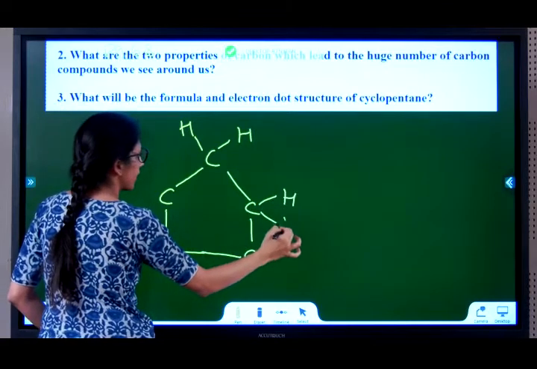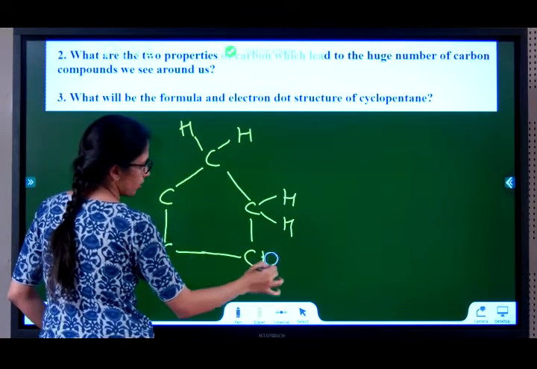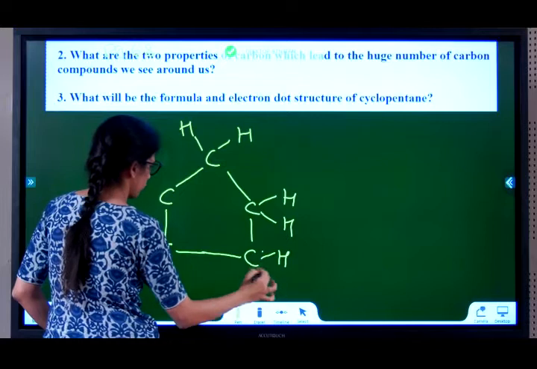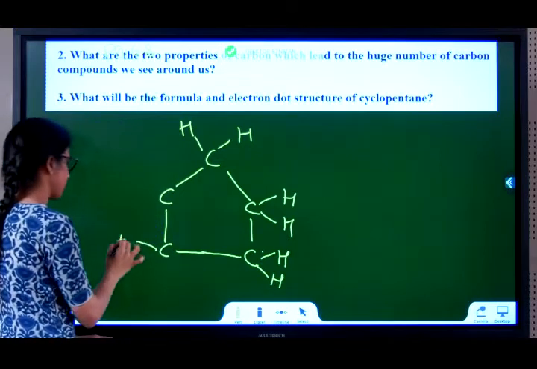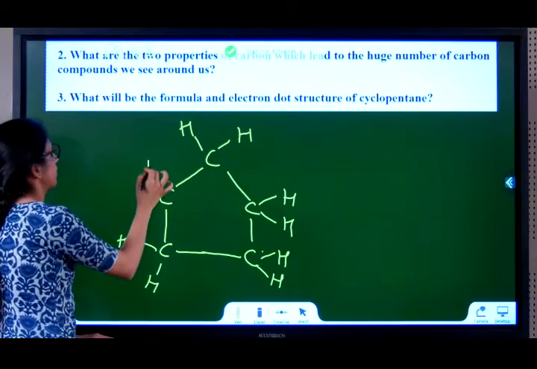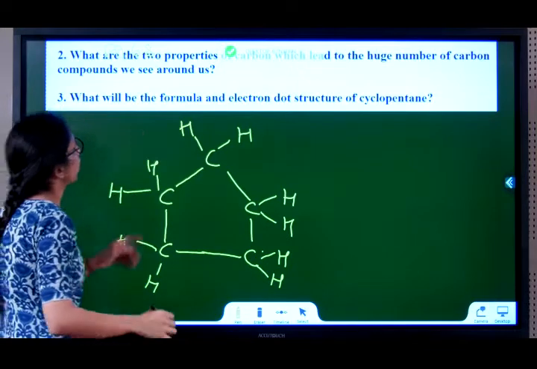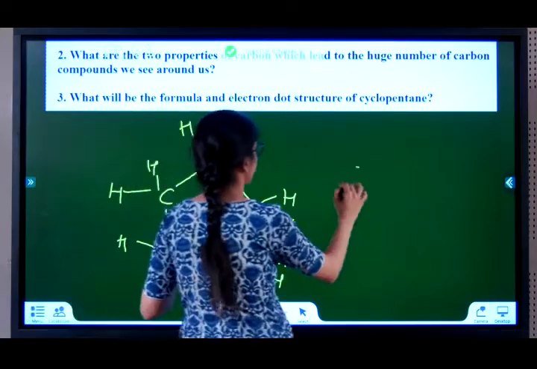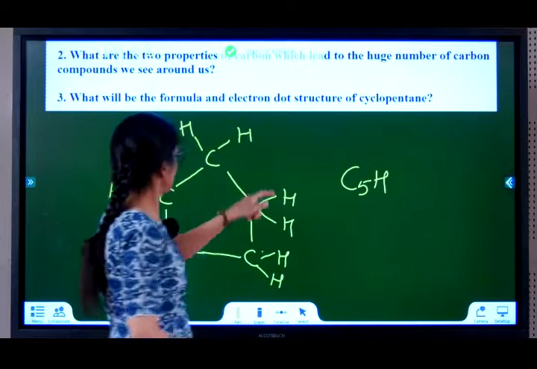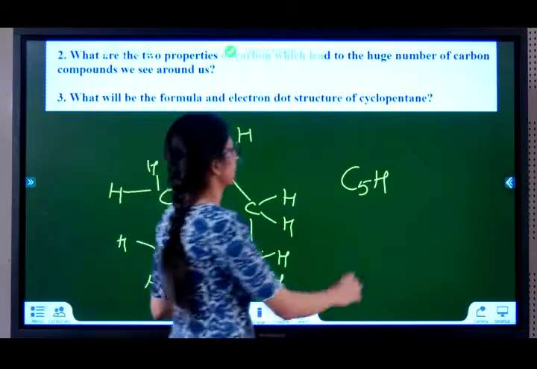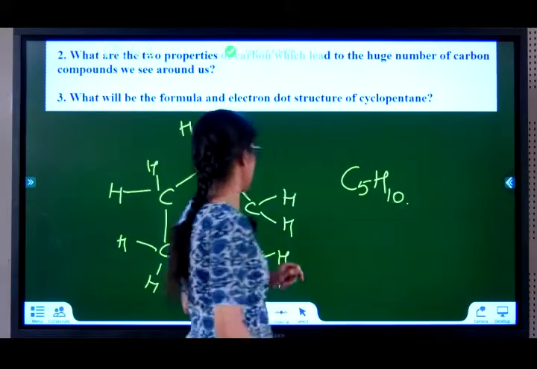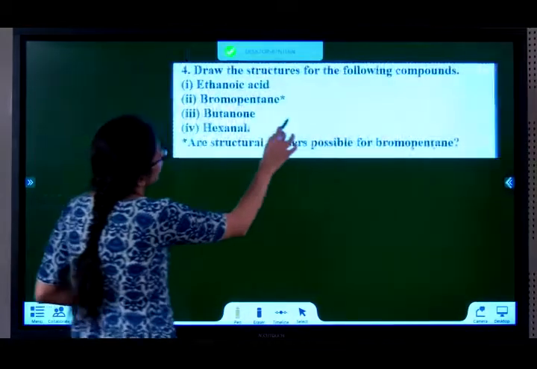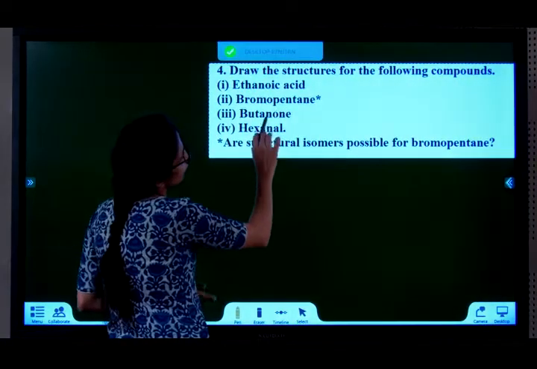You can't write H2, wrong. So H, H, H, H, H, H. What will be the formula? C5H10.